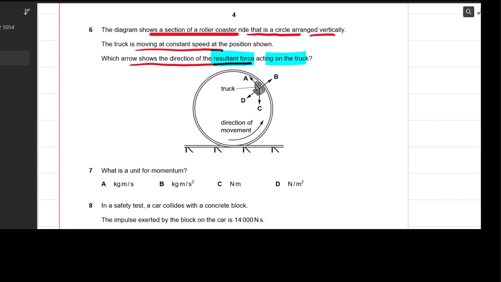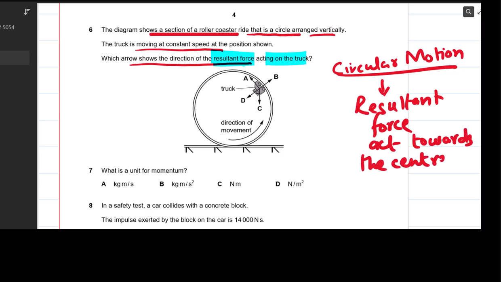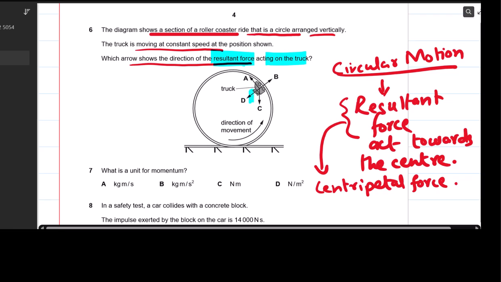So remember, whenever there is circular motion, resultant force acts towards the center. Remember this point. This resultant force is actually centripetal force. So here only this force is acting towards the center. So D is right here.